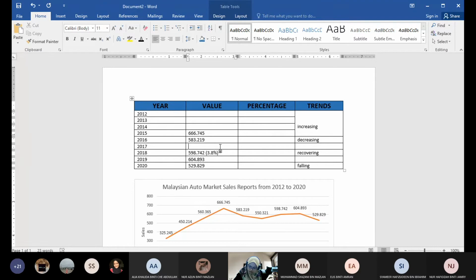Ke tak kira? Tengah kira. Okay, tengah kira bagus. 874.2. Okay, Y tambah 3.8.